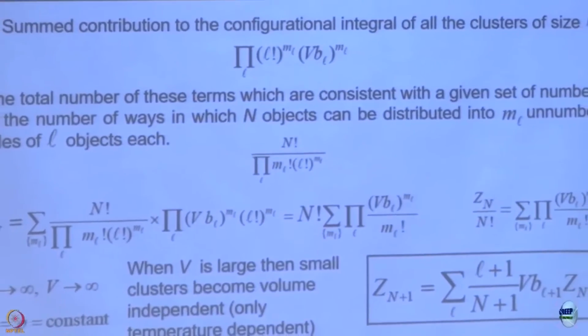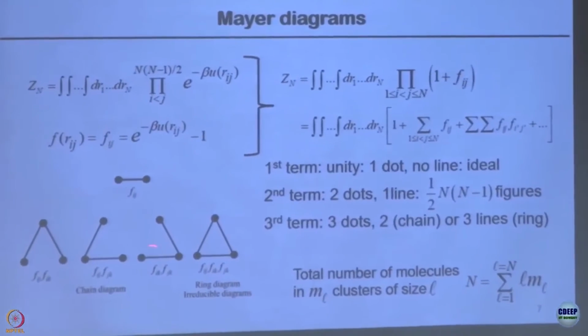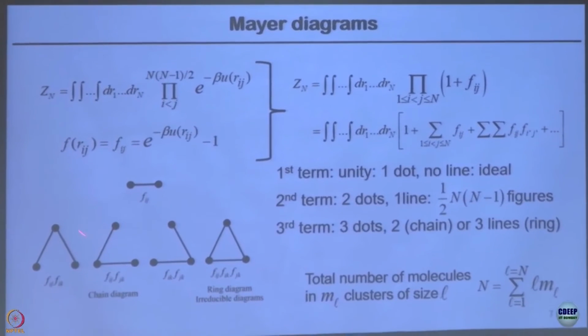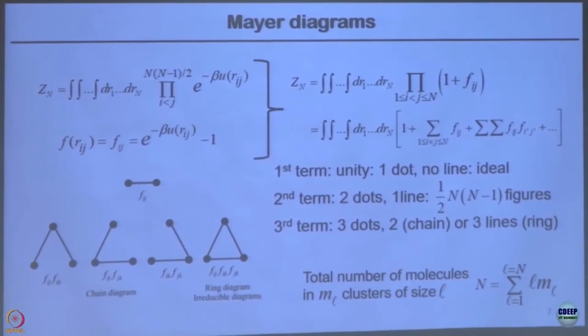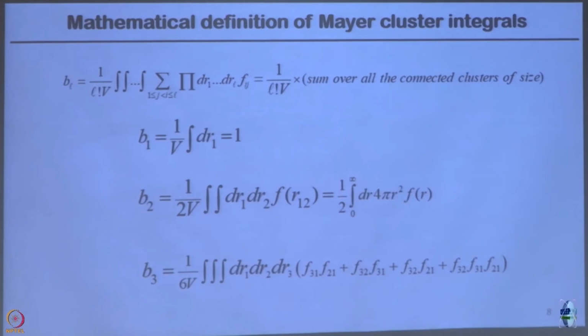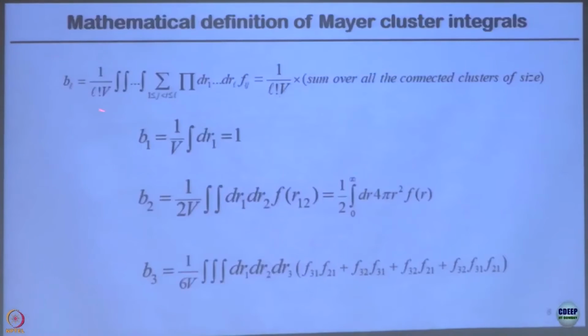Now what did we do? We have to find out what the decomposition is. In the decomposition, I want to express the partition function in terms of these reducible cluster integrals. How do I do it? I know ML is the number of clusters of size L, and this is my definition. Remember that this is a kind of normalization factor put in here.